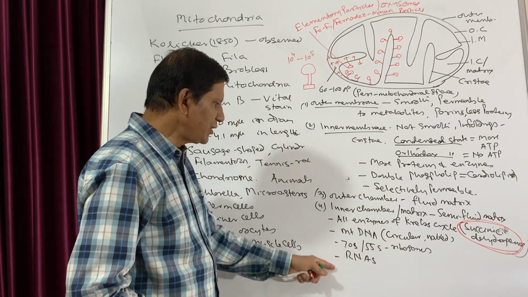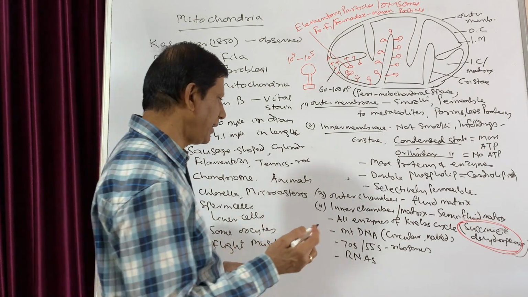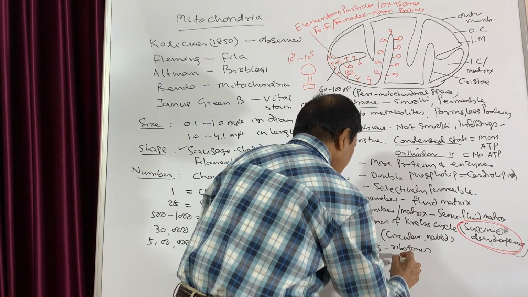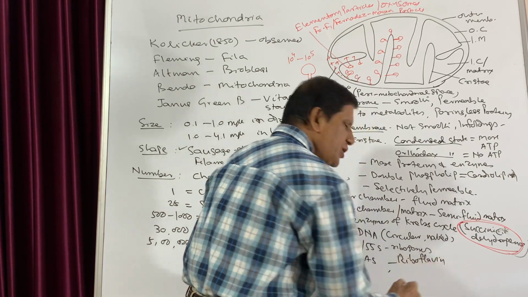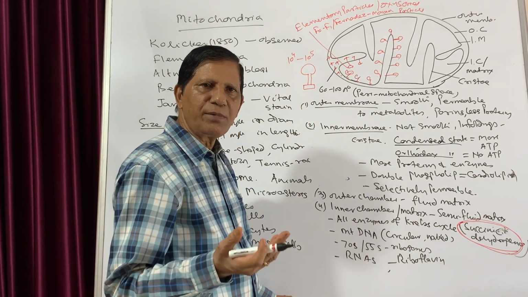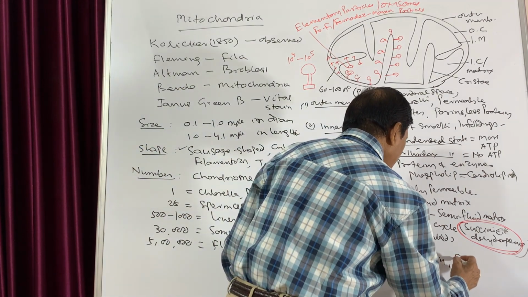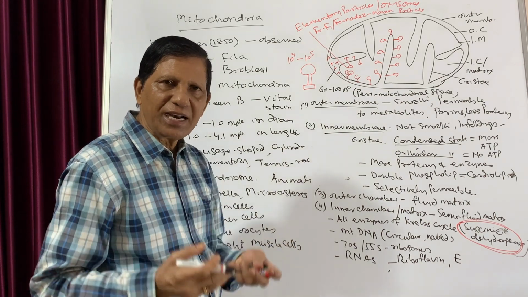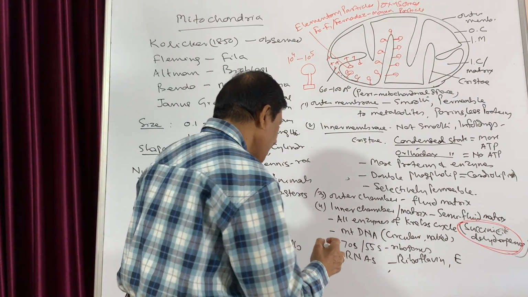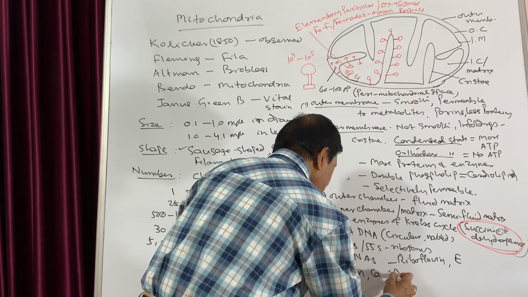Also, you will get some vitamins like riboflavin and vitamin E. Riboflavin is yellow in color, which is why the mitochondrial matrix looks yellow. Several minerals are also present in traces, like manganese, calcium, phosphorus.